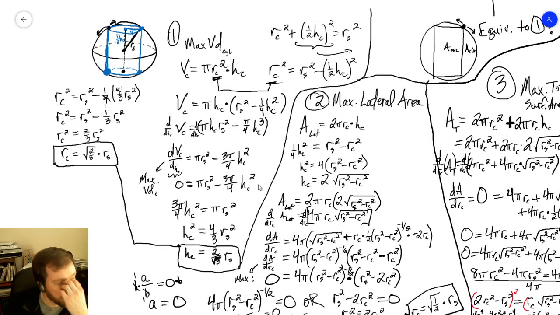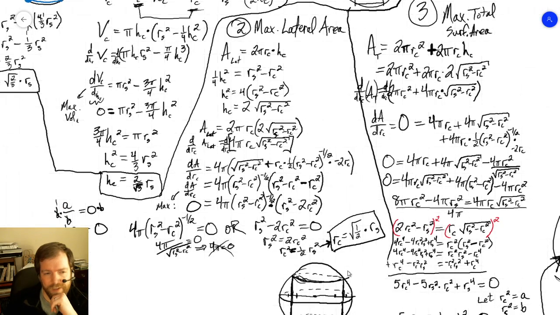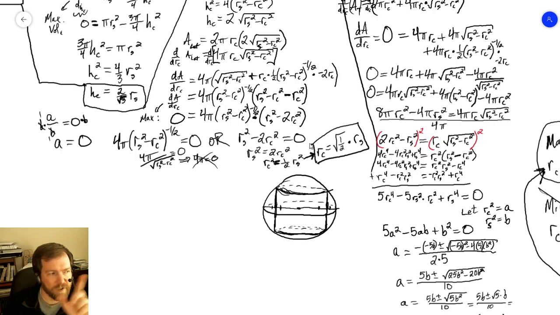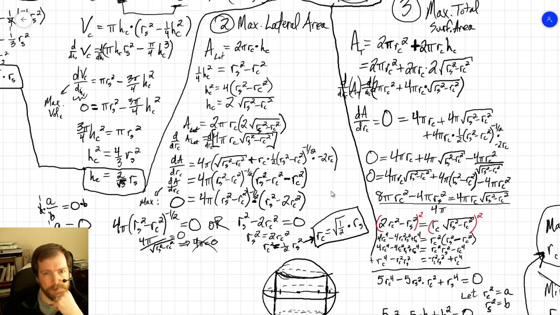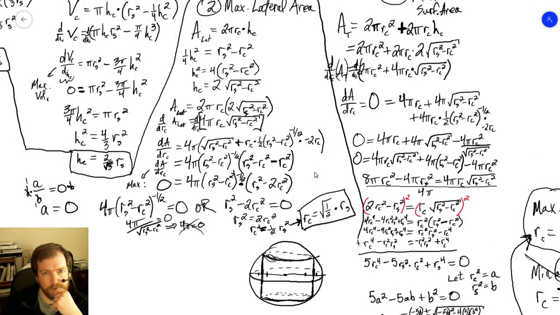Yes, that makes sense, because it's not going to be equivalent to 1. It's going to be equivalent to 2. Let's see. What is the height of the cylinder in this case?